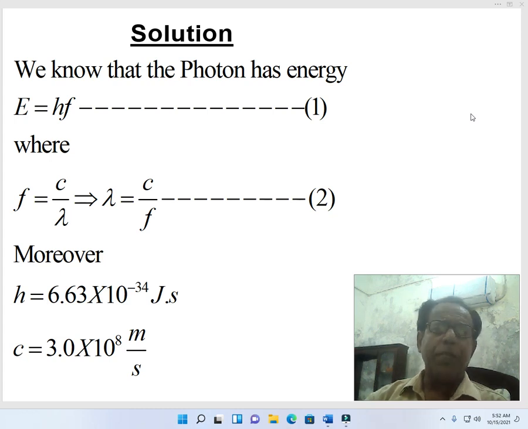Equation number 1 will be utilized in part 1 and equation number 2 will be utilized in part 2. Moreover, Planck's constant h has value 6.63 into 10 raised to the power minus 34 joule second, and speed of light c has value 3.0 into 10 raised to the power 8 meter per second.